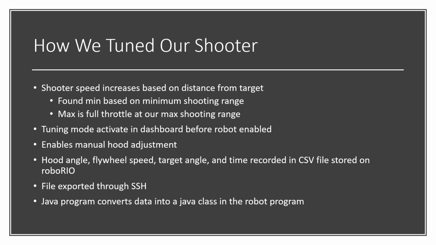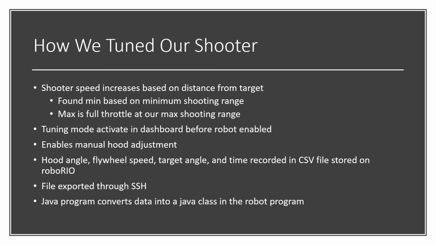Once we found that key angle, we would save it into a CSV file, like an Excel spreadsheet, stored on the RoboRio. For each hood angle, we would record the angle, the flywheel speed, the angle of the target, and the time. Eventually we would have 10 or 12 points of different angles and different distances.